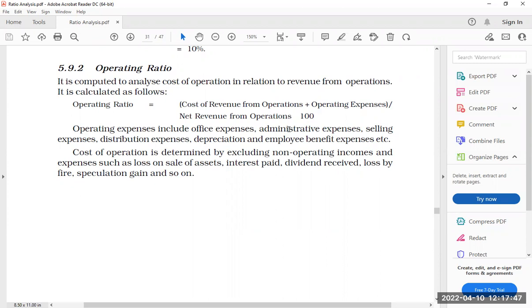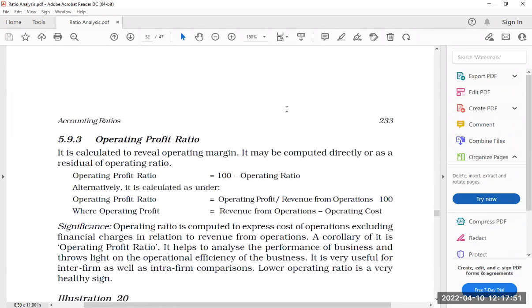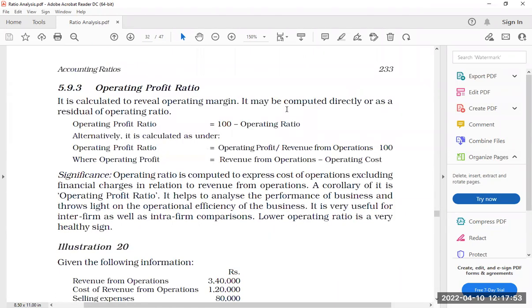Next. Operating profit ratio. It is very simple. Now you can tell me what is the formula for calculating operating profit ratio? 100 minus operating ratio. So 20% in my example for one company, 30% for another company.